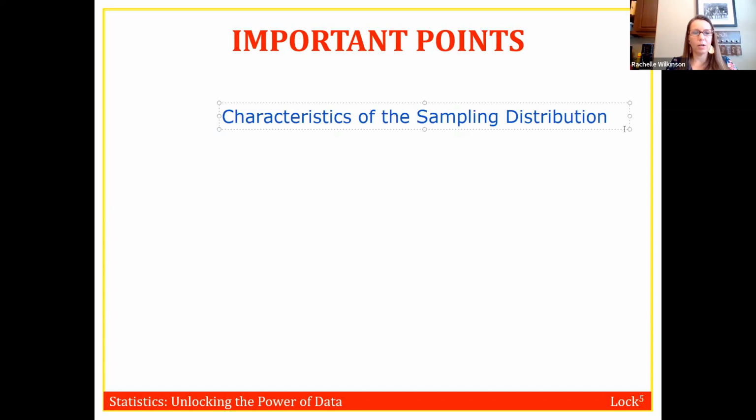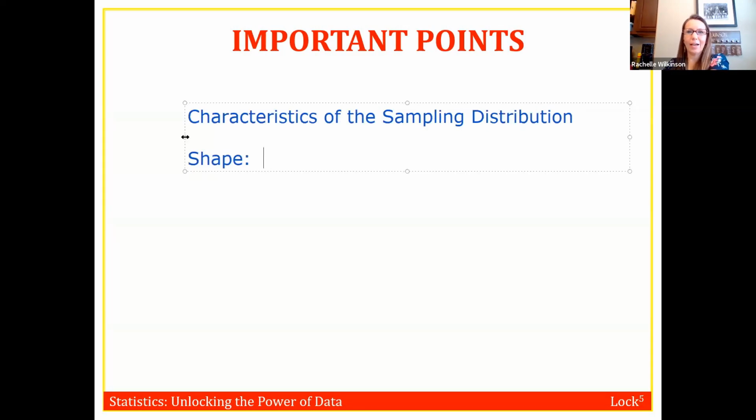Okay, so first, let's talk about shape. If I leave this page, it'll erase everything I have, so I'm not going to go back to my other screen. But did anybody notice what the shape of my sampling distribution was? It was bell-shaped.